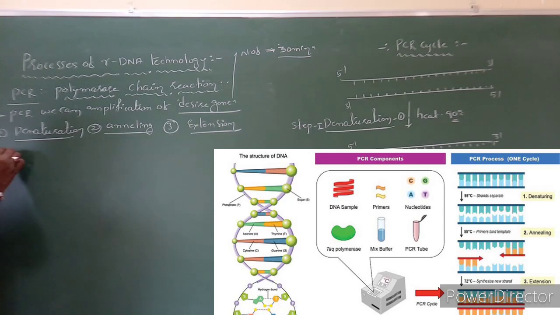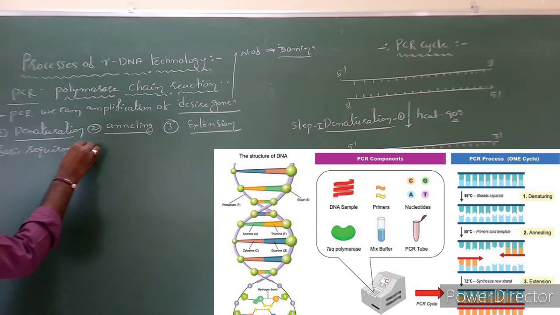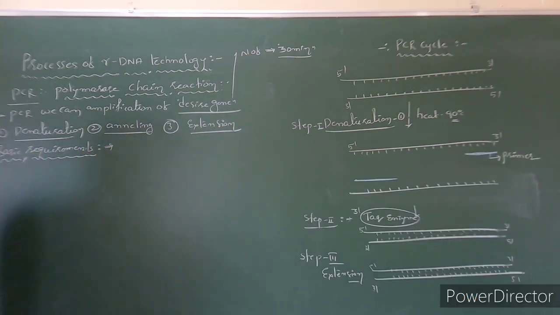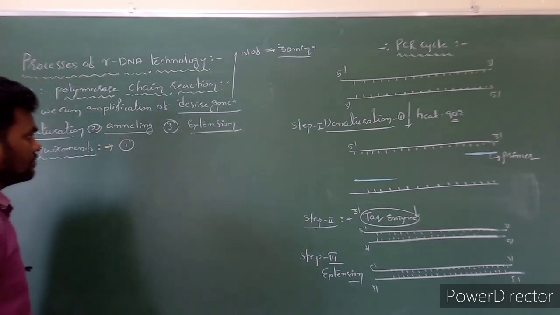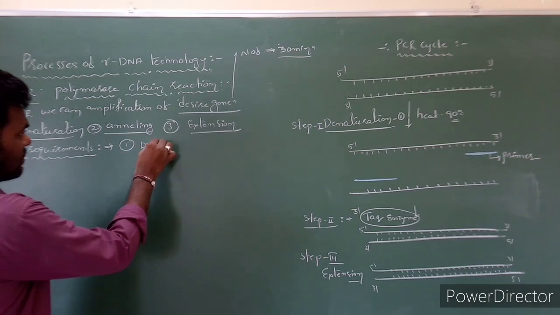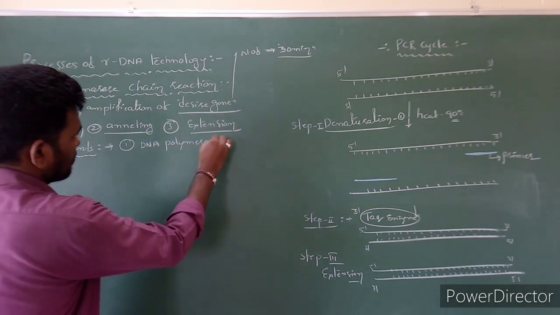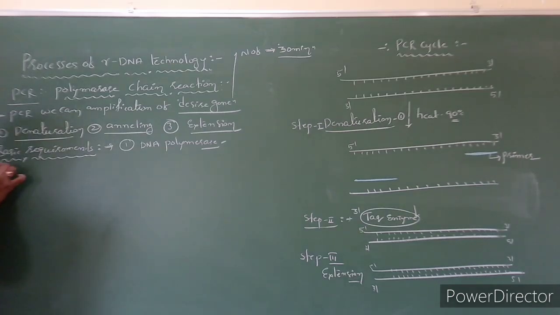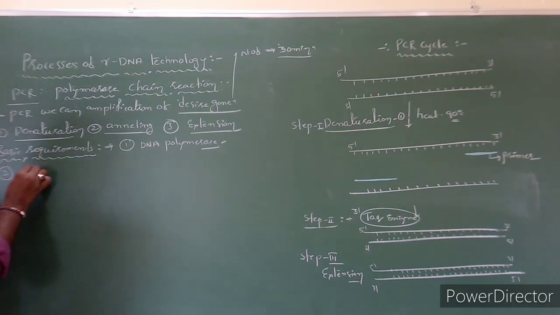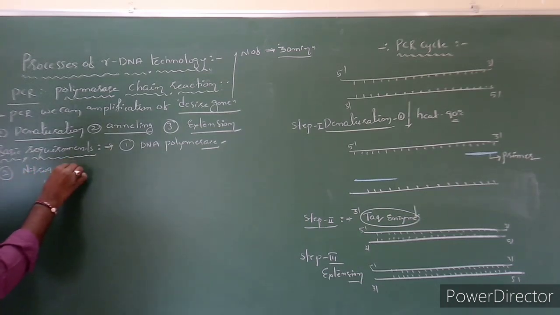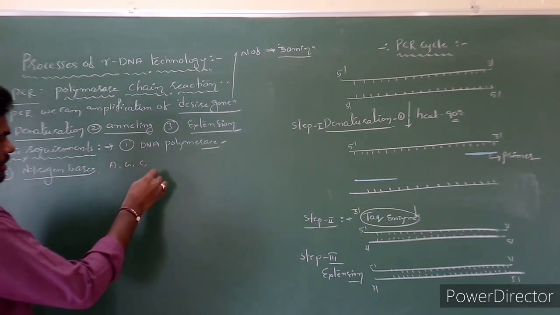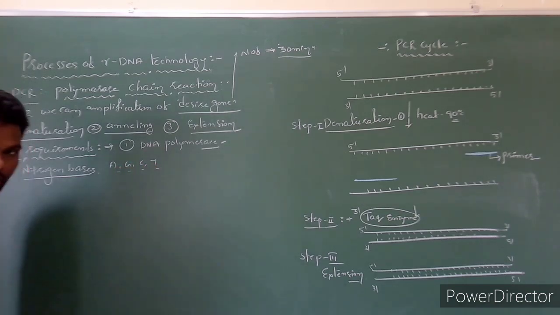The basic requirements are, first, DNA polymerase enzyme for extension of DNA, and next we need nitrogen bases like adenine, guanine, cytosine, and thymine.